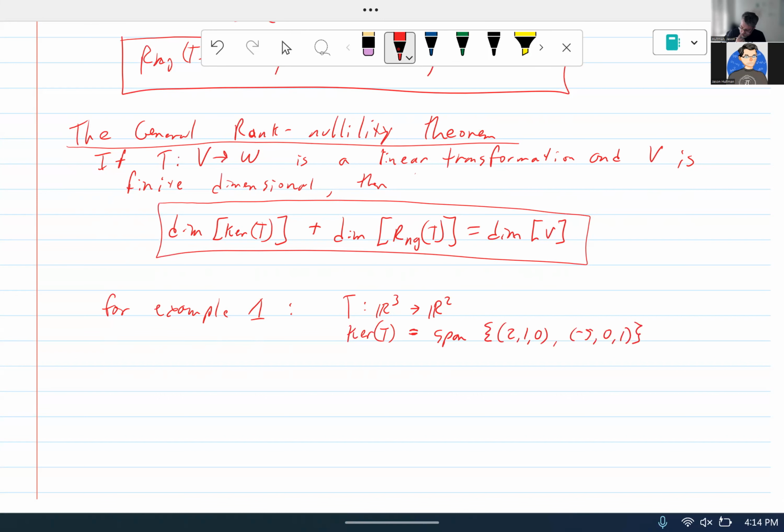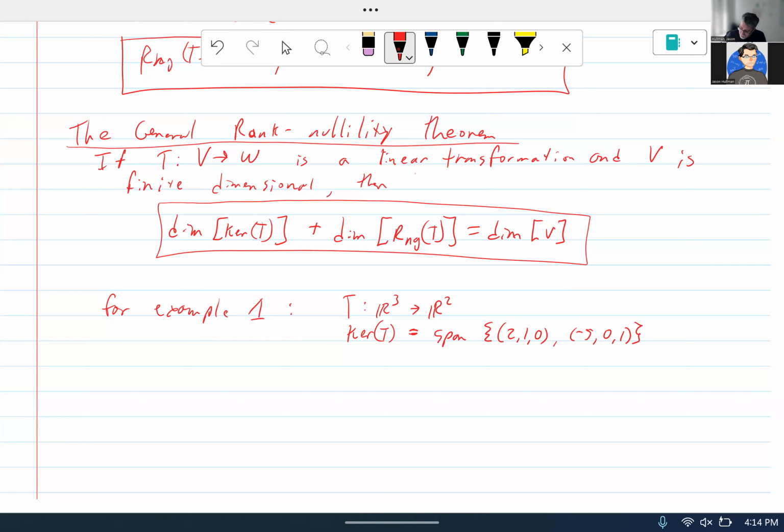That's the kernel of T. It's all the x values that are in this span. Now that was our plane, remember, we said that was a plane.